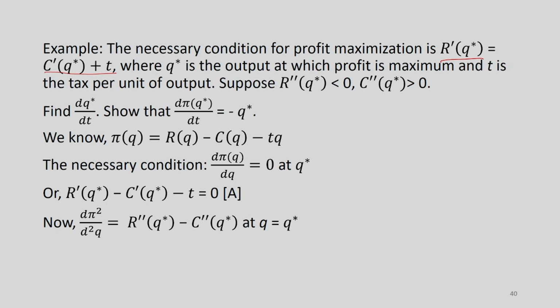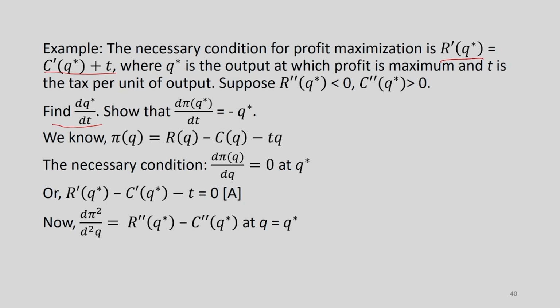Now, suppose R double dash Q star is less than 0 and C double dash Q star is greater than 0. Suppose these two things are correct, then we have to find out dQ star dt, and we have to show d pi Q star dt is equal to minus Q star.